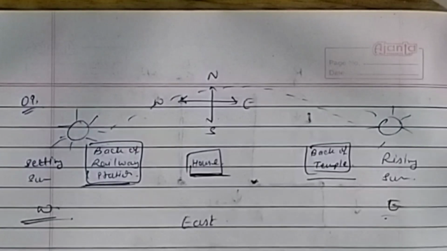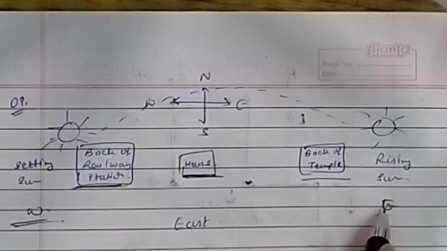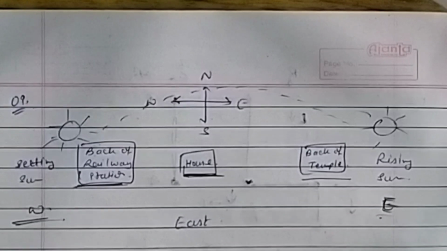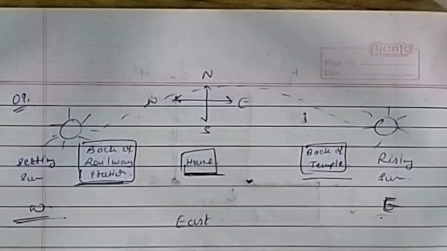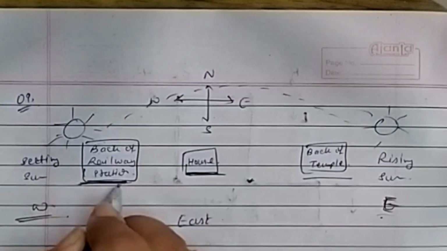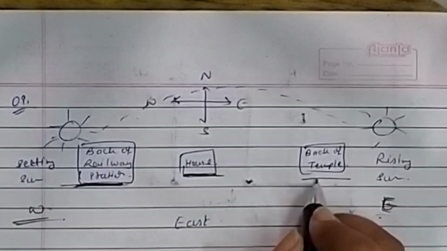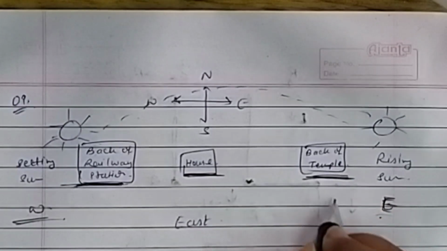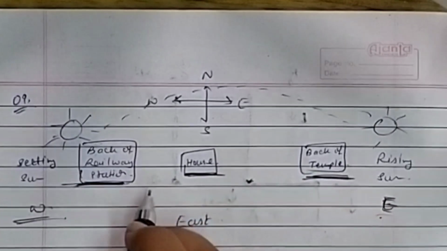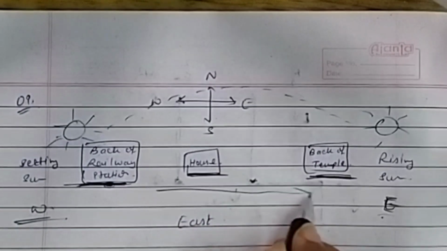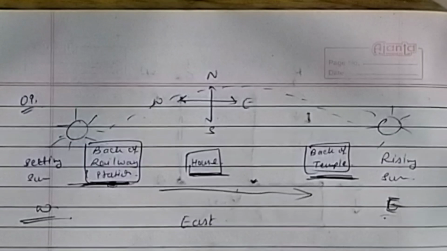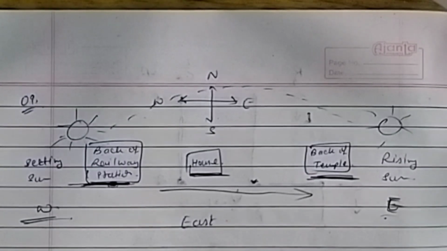Now basically we have identified the direction of the temple and railway station, and the question is asking the direction of the temple from the railway station. So the railway station is here at that point, and the temple is here at the very east. So we can say that from the railway station the temple is in the east direction. Hence the answer for this question is option B, east.